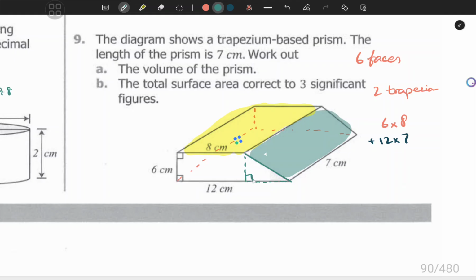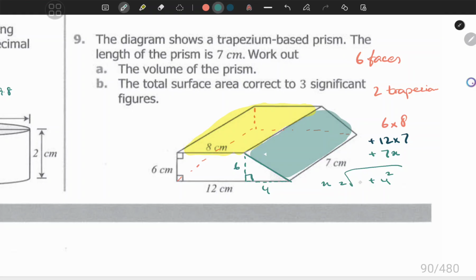If this is a right angle triangle and this is 6, and by difference of lengths this is 4, we can find this length by the Pythagoras theorem, which gives us a squared is equal to b squared plus c squared, whereby a is under root b squared plus c squared, which gives us 6 and 4 squared is equal to this length, which we will call x for the time being. Therefore this length will be 7 times x, right?